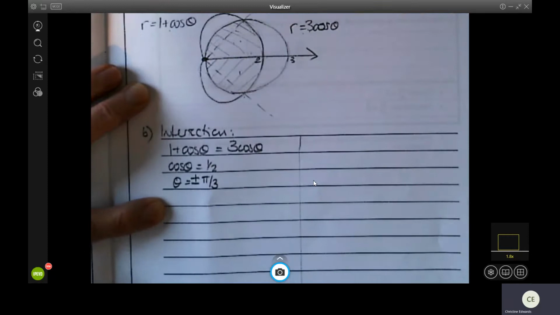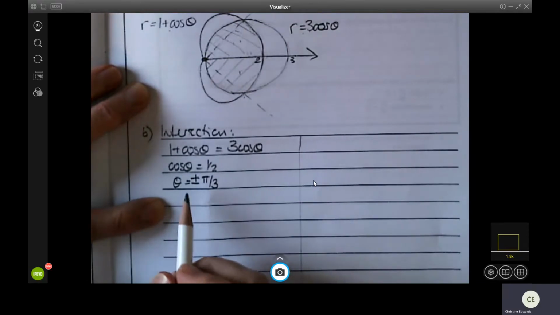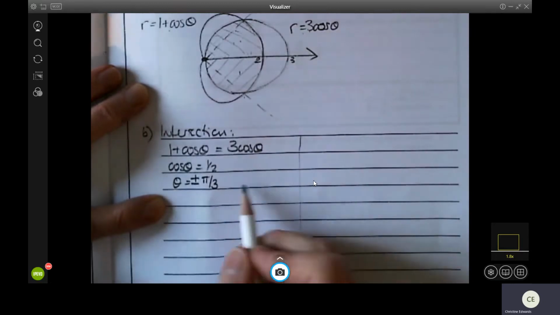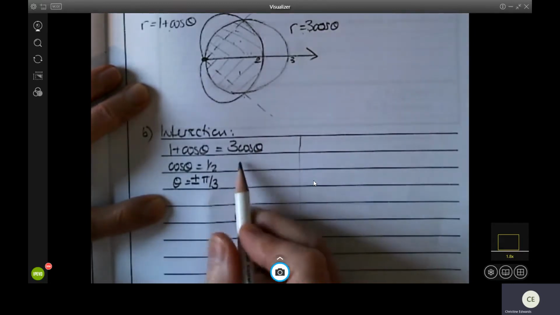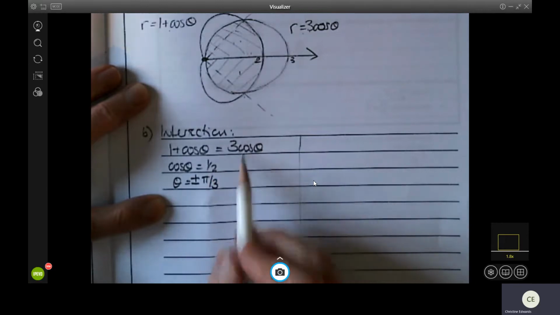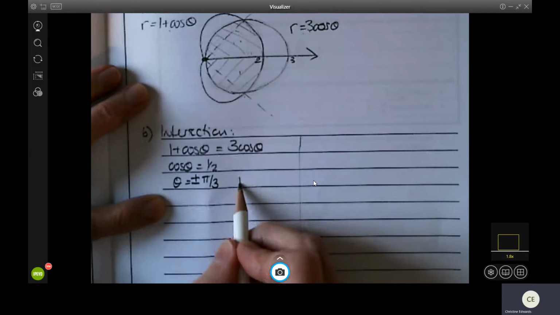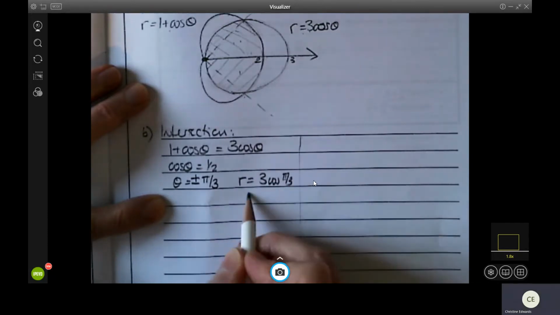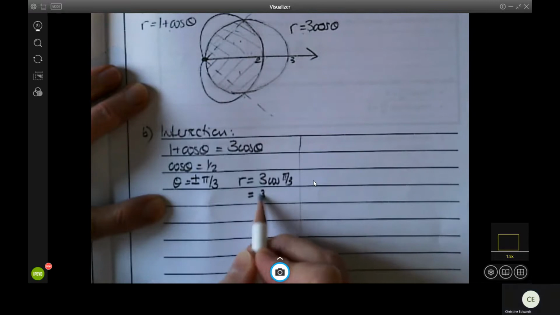I then need r so that I can give the coordinates, the polar coordinates, which is what I've been asked for in the question. So I'm just going to sub one of these values back into the easiest curve, which is this one. So r equals 3 cos pi over 3, r is 3 over 2.